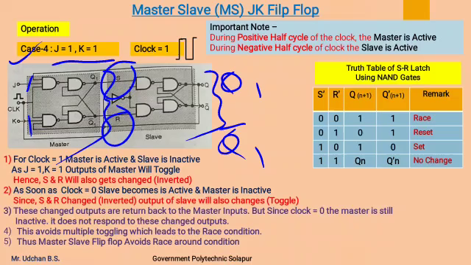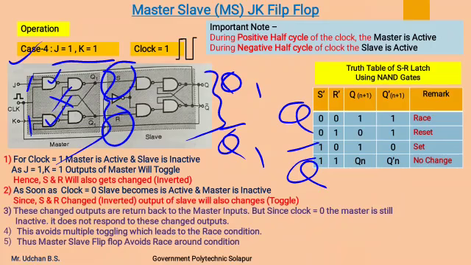Now these changed outputs, Q and Q complement, are returned back to the master inputs, to these NAND gates. But since the clock is 0, the master is still inactive.